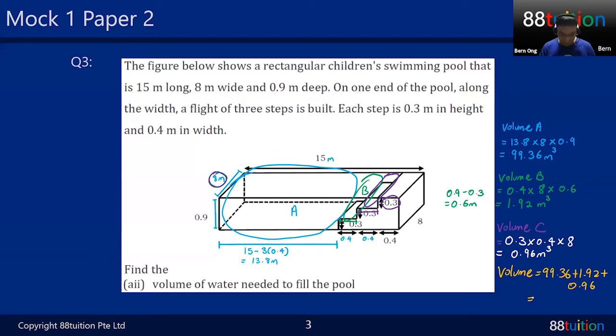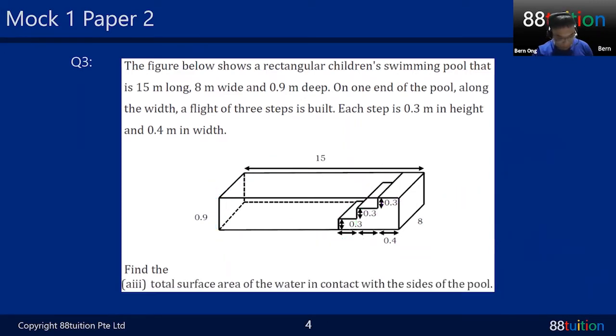And that will give you an answer of 102.24 meter cube. Is that okay? So if you can work them out separately, I think it's a bit safer. And the purple color portion is called C. Just name it ABC like that. Cool? Okay, moving on. So question 3A part 2 is done.